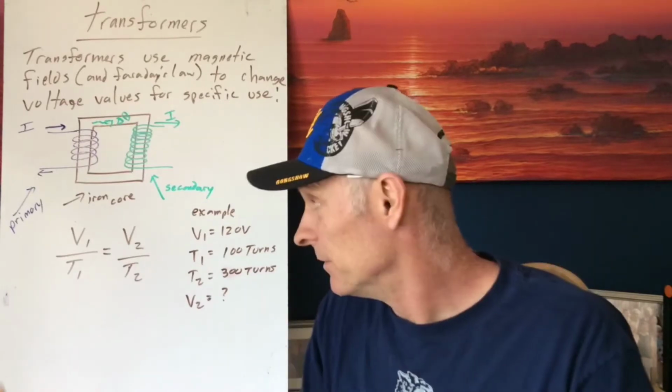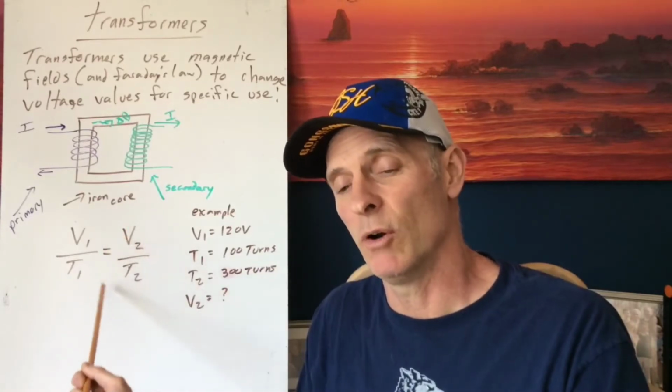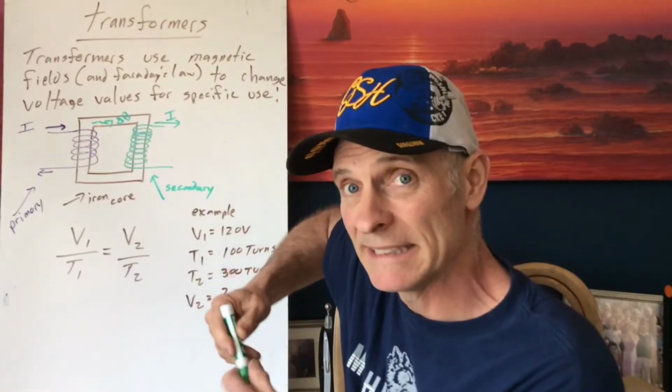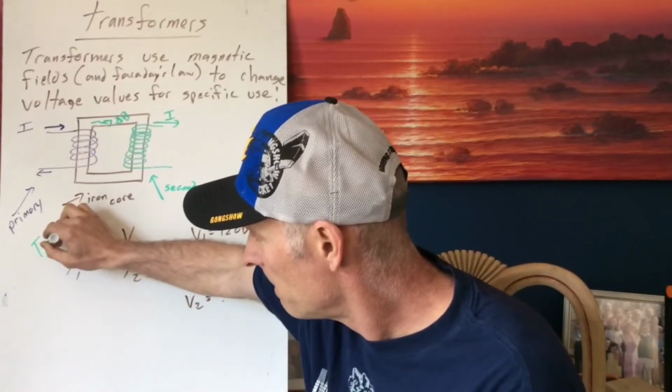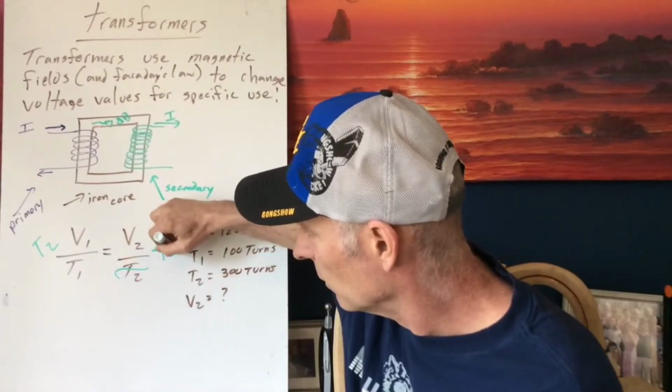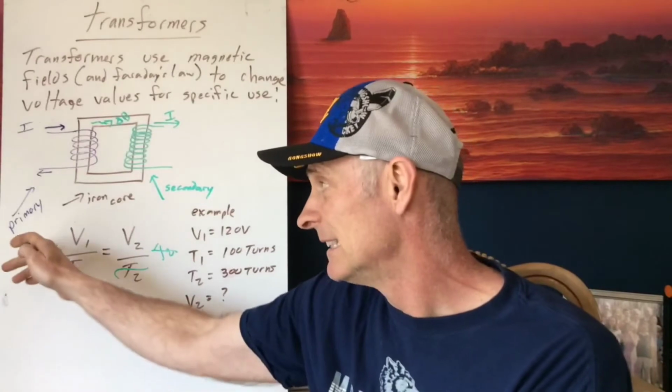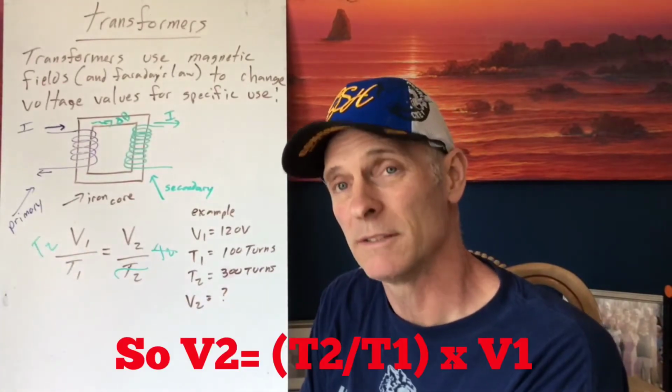Let's have a little think about that. My friends, the voltage formula is V1 over T1 is equal to V2 over T2. Now, if we're looking for V2, we're simply going to multiply T2 on both sides. T2 will cancel over here, and it'll be T2 over T1 times V1.